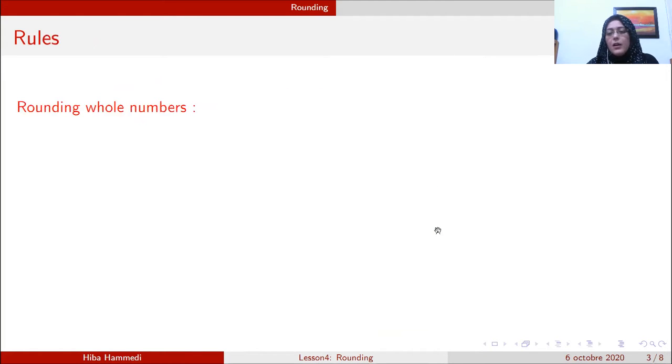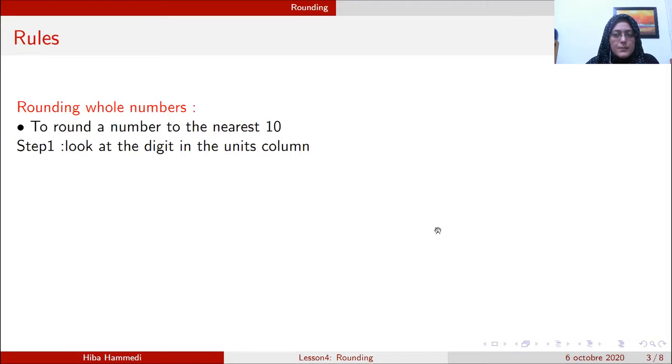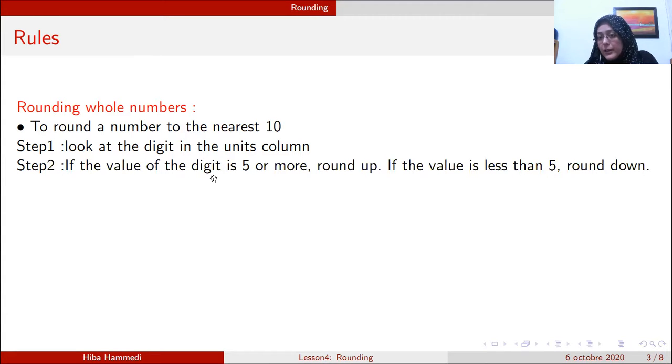We will start with how to round whole numbers, right? So imagine I would like to round a number to the nearest 10, or multiple of 10. There are three steps to do. The first step is I need to look at the units column. Since I'm rounding to the nearest 10, I will go to the right of the tens place, which is the units place, and I will compare that digit to 5.